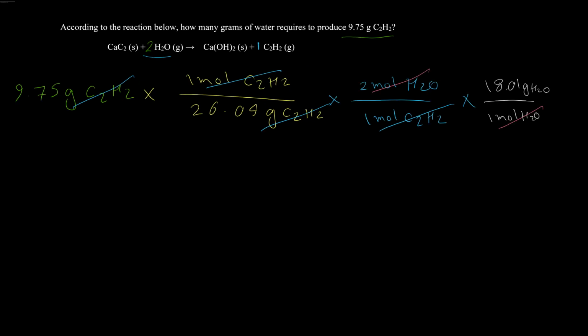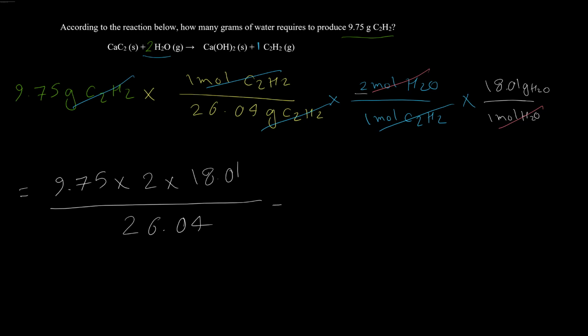So this mole also, they're going to cancel each other and the answer will be 9.75 times 2 times 18.01 divided by 26.04, which is equal to 13.5 gram of water.